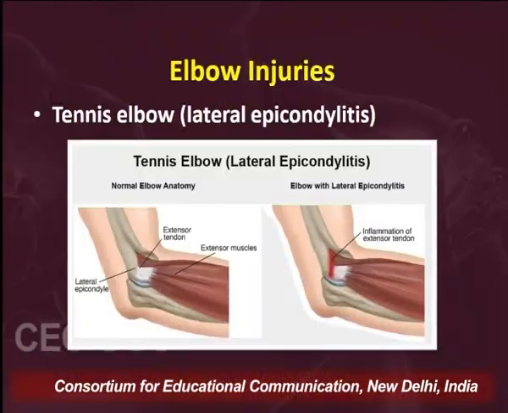Then elbow injury. We'll go through all the elbow injuries. The first elbow injury is tennis elbow, and it is a very common injury. And we can see in the picture the normal elbow and the inflammation of the elbow.